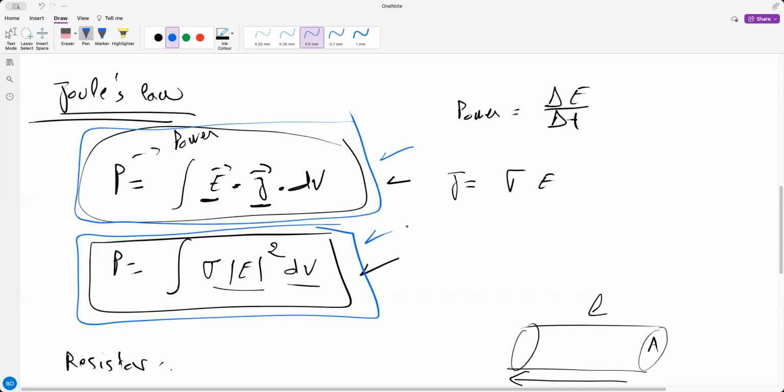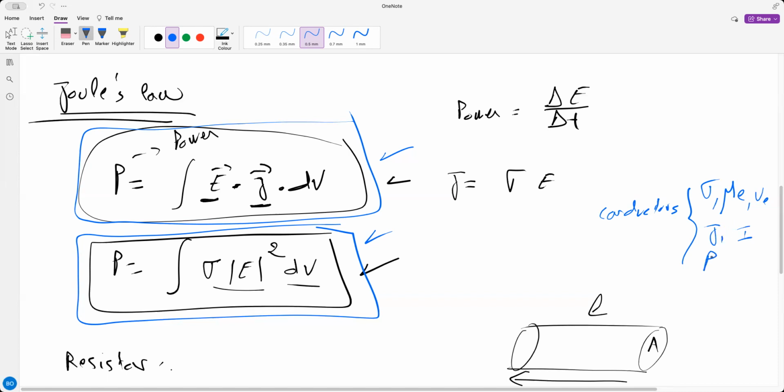Okay. So this is for the conductors. For the conductors, we defined the conductivity, the mobility of electrons, the drift velocity of electrons, and of course the electric field that is applied. We also defined the current density, the current, and the power.